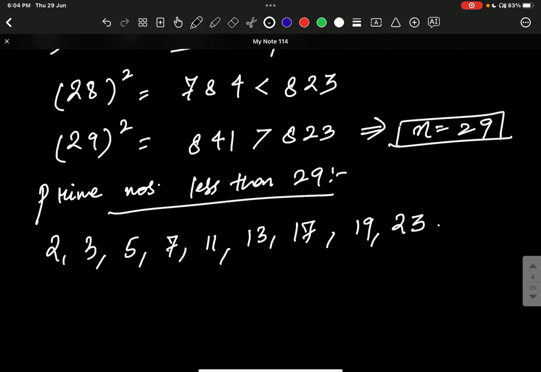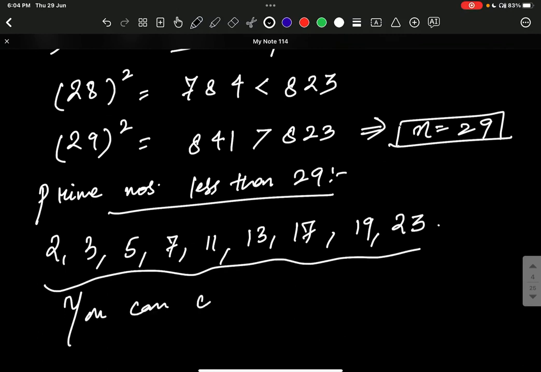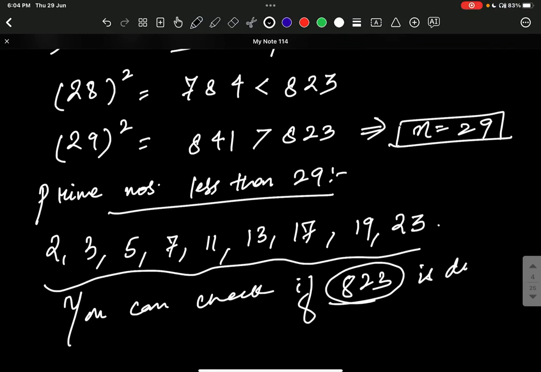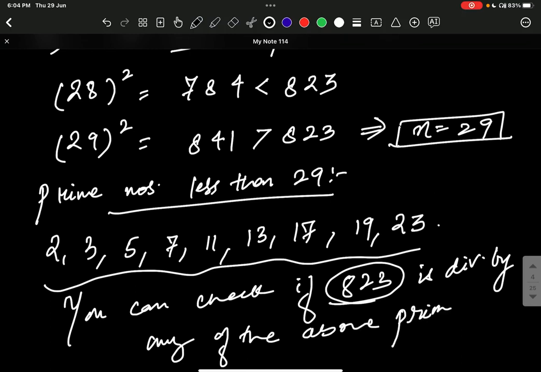On checking, you can check it yourself. You will find that 823 is not divisible by any of these numbers. You have to check if 823 is divisible by any of the above prime numbers.